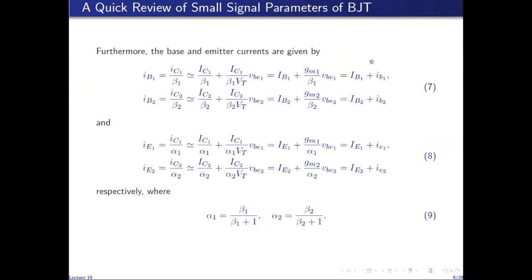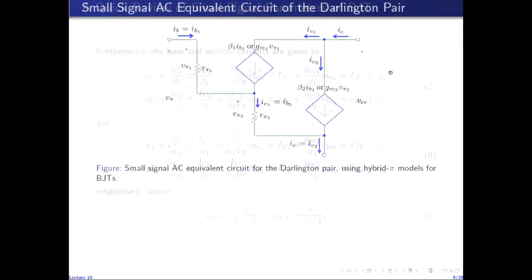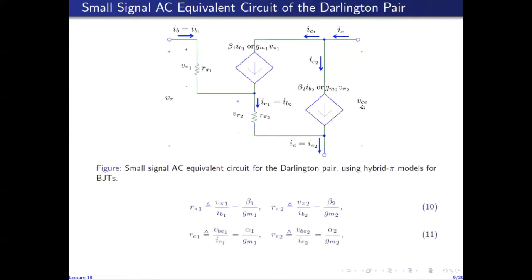So this thing is equal to IB, so GM VBE is beta IB. So we can either write it as GM1 V pi 1 or beta 1 IB1, and similarly here as GM2 V pi 2 or beta 2 IB2, one and the same. We designate the output collector emitter voltage as small vce. So this is the small signal AC equivalent circuit of the Darlington pair.